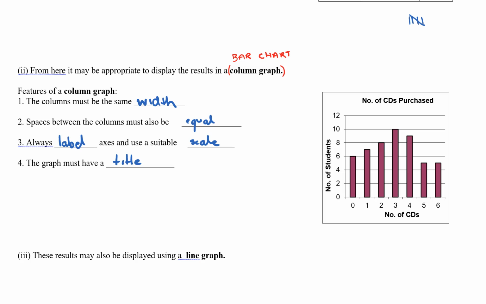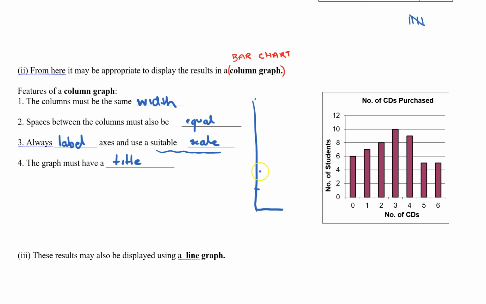One clarification about a suitable scale. You may be wondering what that is. If I had a horizontal scale here, and this was representing the number of students in this case, similar to this graph, and I can see that the greatest number of students is 10 that I need to fit on here.